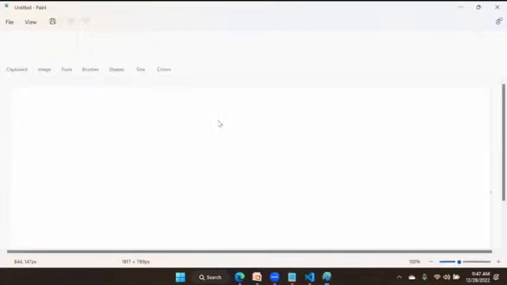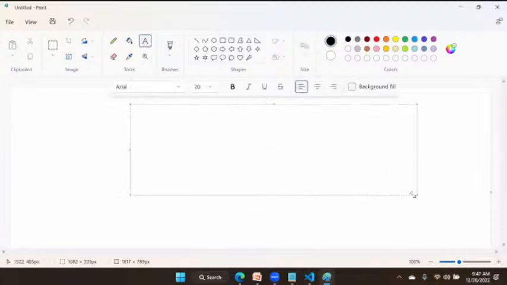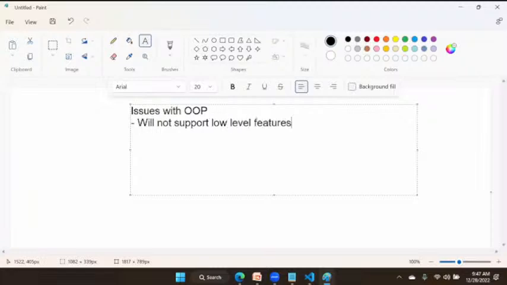Actually, with object-oriented programming languages, there are some issues I will tell you. Object-oriented programming will not support low level features.